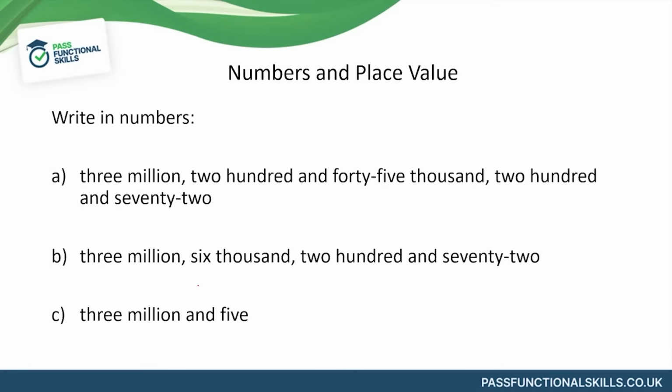23,674.32. Okay, so for this question we need to write these worded numbers as actual numbers in figures. So just remember let's just write down just a daft number. So we need to remember that the first comma is for 1,000 and the second comma is for million.